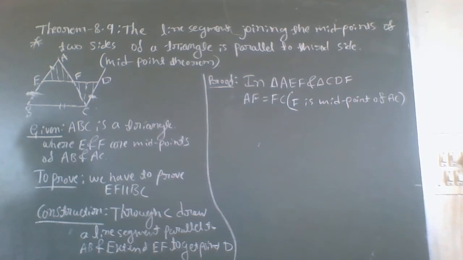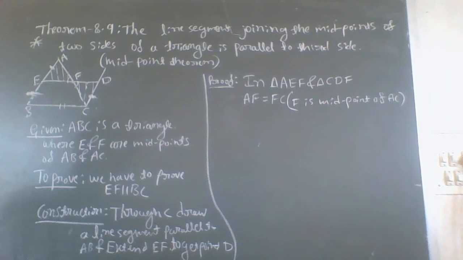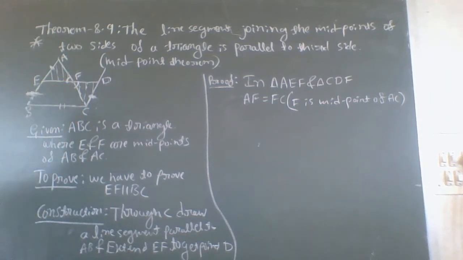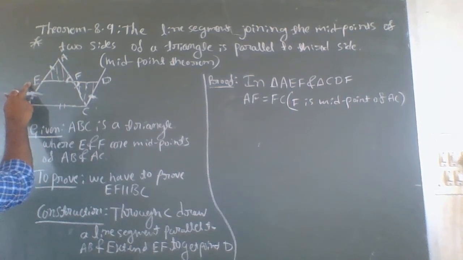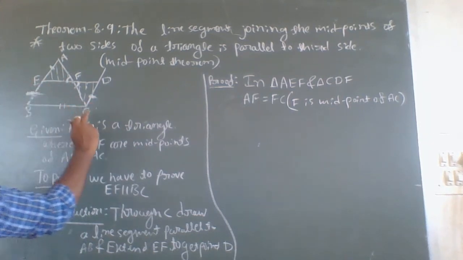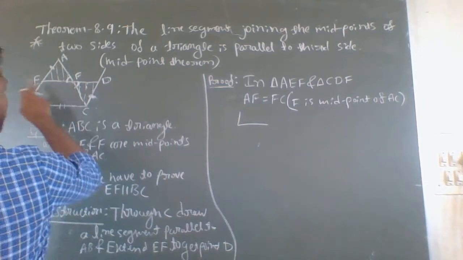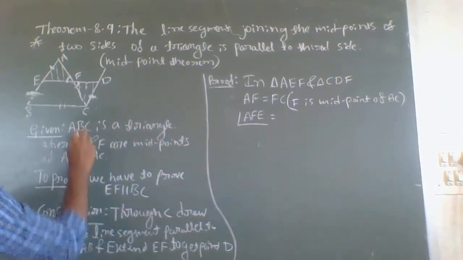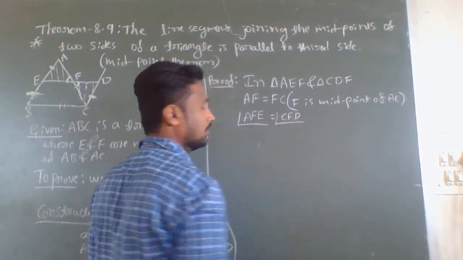So now again, here these two angles are equal, because they are vertically opposite angles. Now we can say that angle AFE is equal to angle CFD.